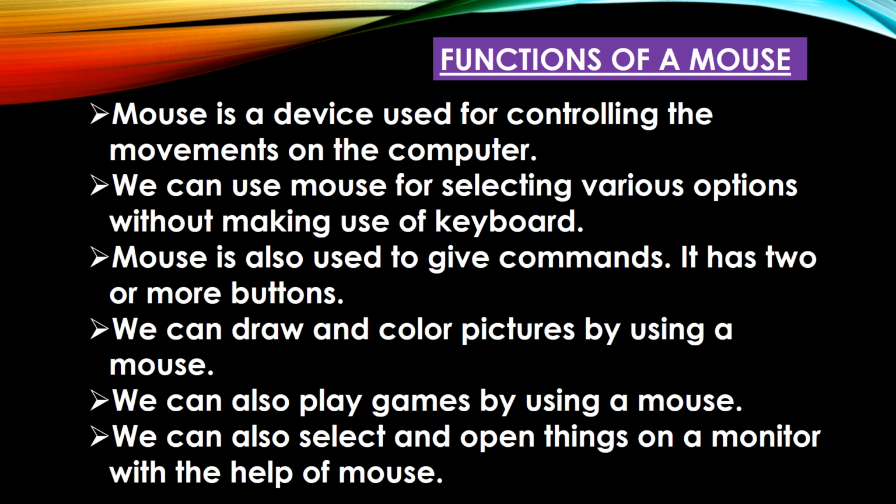A mouse can also be used to draw and color pictures, like we use a mouse to draw and color pictures in Paint program. It can also be used to play games, and at last it can also be used to open or execute, means run, a program.